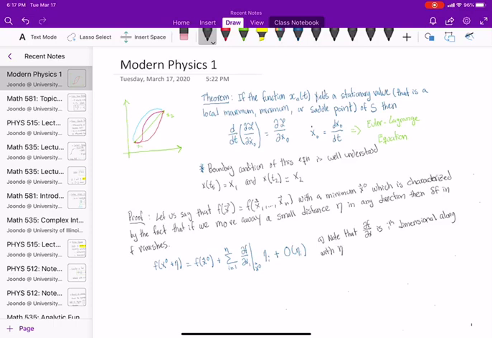And for this particular case, we're going to assume that partial f over partial xi is equal to 0 for all i equals 1 to n, and n is a positive integer in this case.